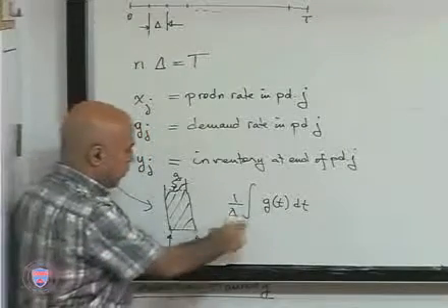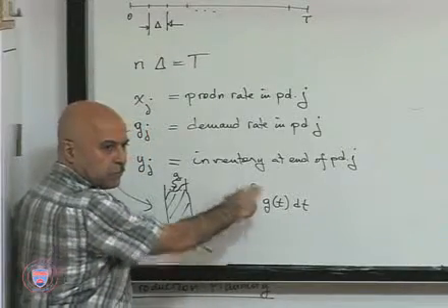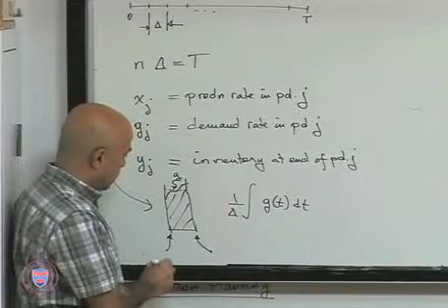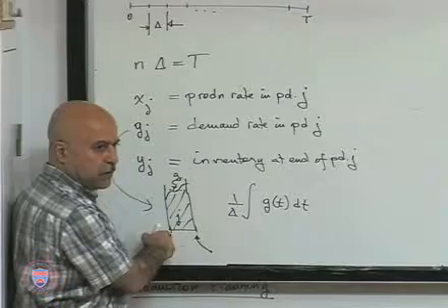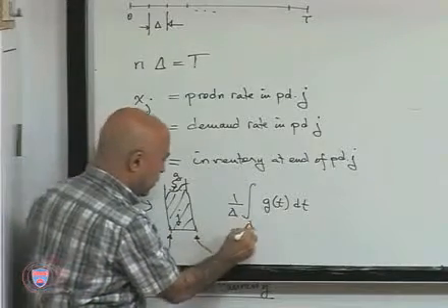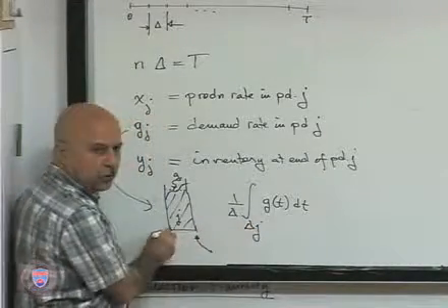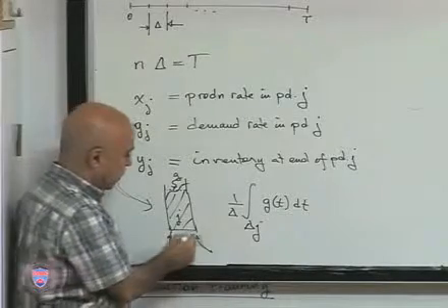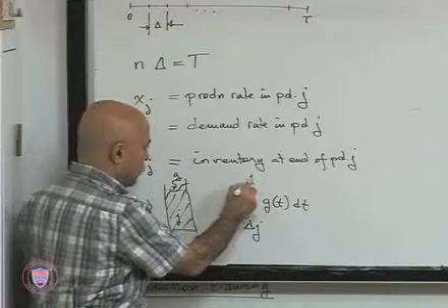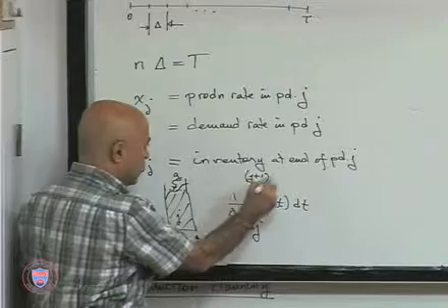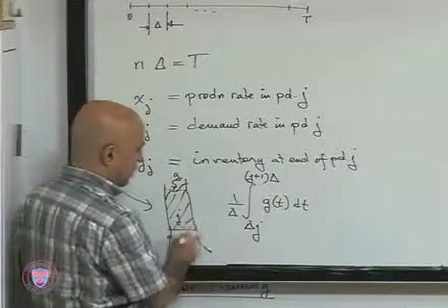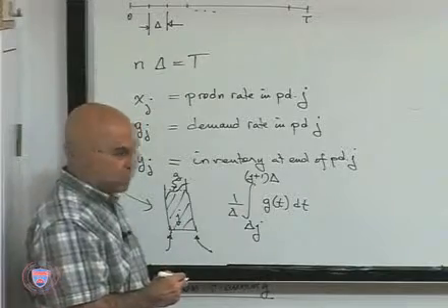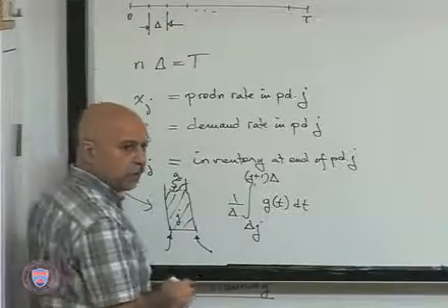Okay? Where do I integrate from? To where? This is period j. So I've got delta j here, that's the time point corresponding to the left part. And the time point corresponding to the right part is j plus 1 delta. J minus 1? Pardon? No, I think it's this way.